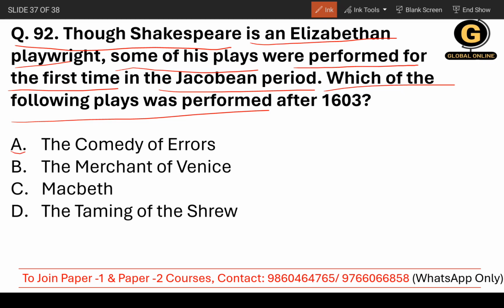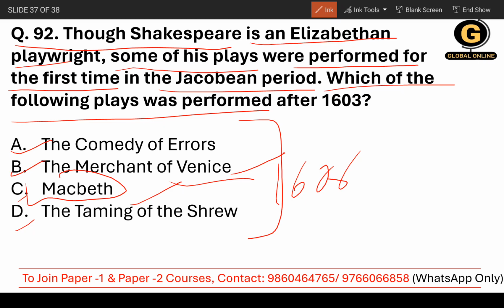The Comedy of Errors, The Merchant of Venice, C, Macbeth, and D, The Taming of the Shrew. The only option we have is Macbeth, first performed in 1606, so after 1603. This is the correct option.